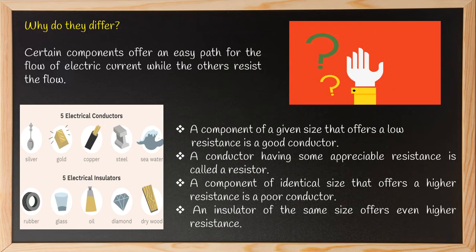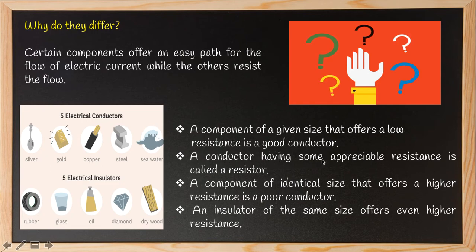Some components allow current to pass through them very easily, while some resist. A component with low resistance is a good conductor, because low resistance means it will allow more current.